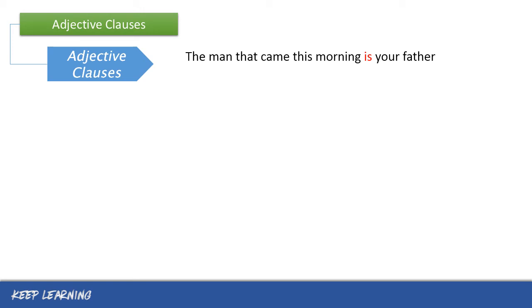Now, as you can see, you can find the subject, a little verb, and a little complement, a little predicate in this sentence, right? So it's like a sentence within the sentence, because this small sentence, the adjective clause, is explaining something about the subject, the man.